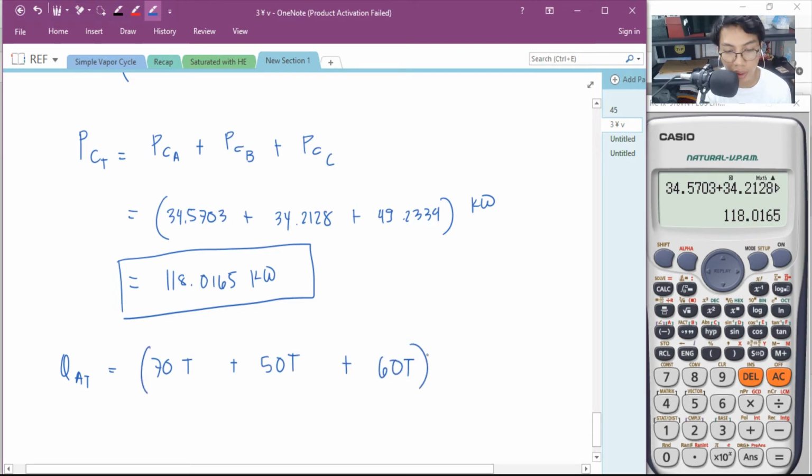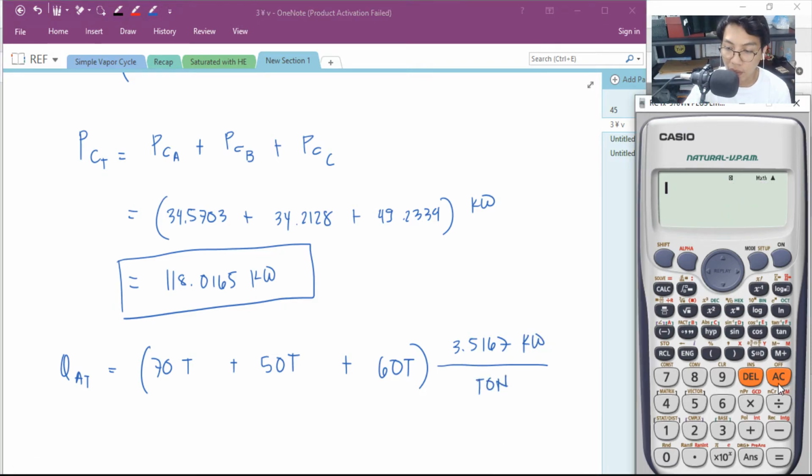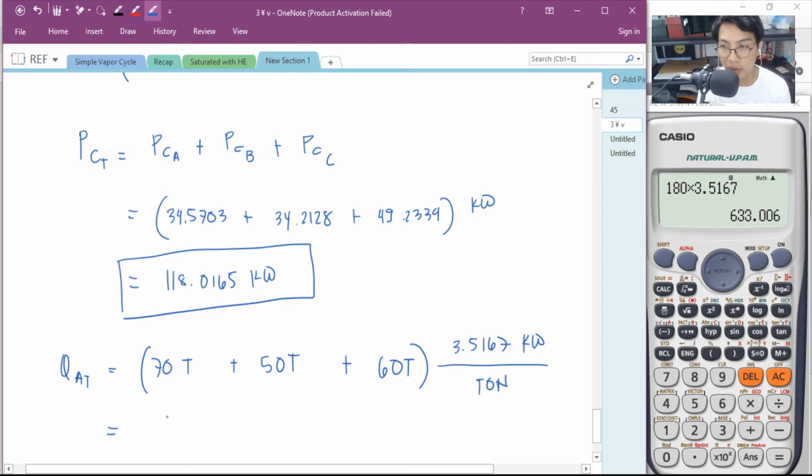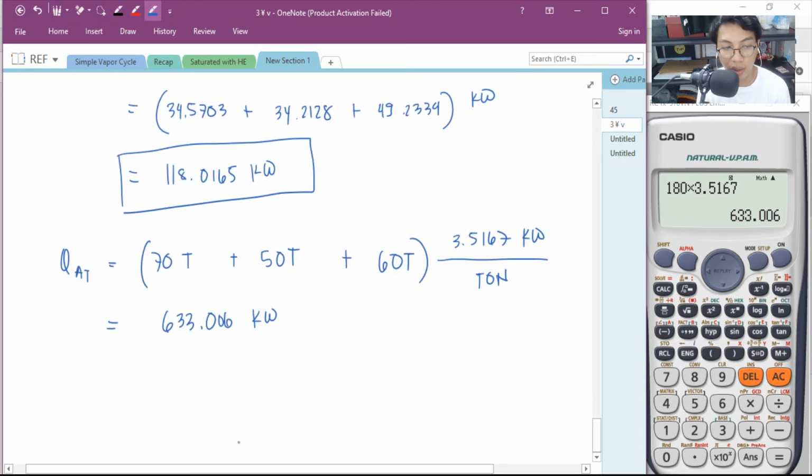Multiply natin to ng 3.5167 kilowatts per ton. 70 plus 50, 120 plus 60, 180. 180 times 3.5167. That is 633.006 kilowatts.